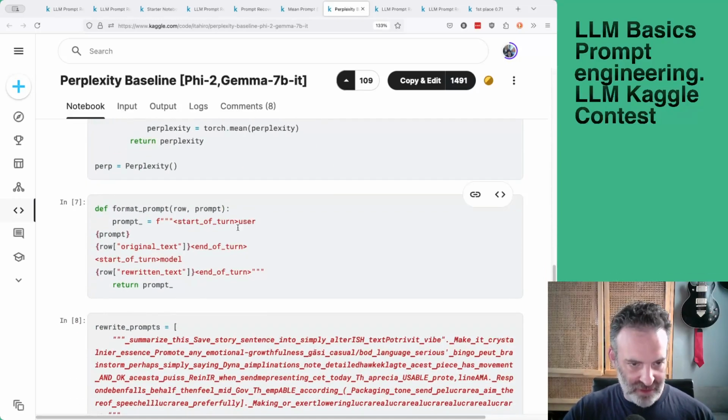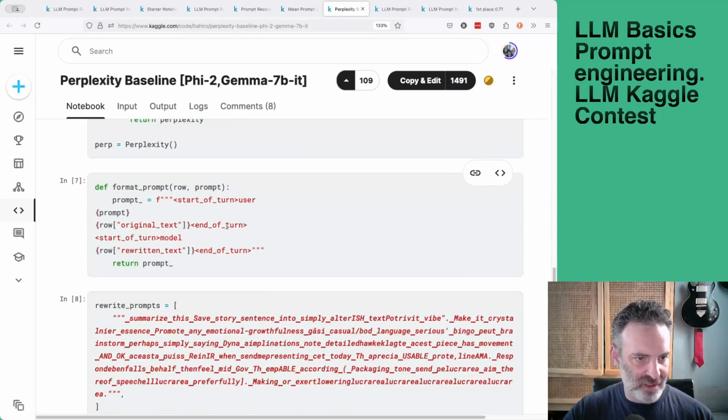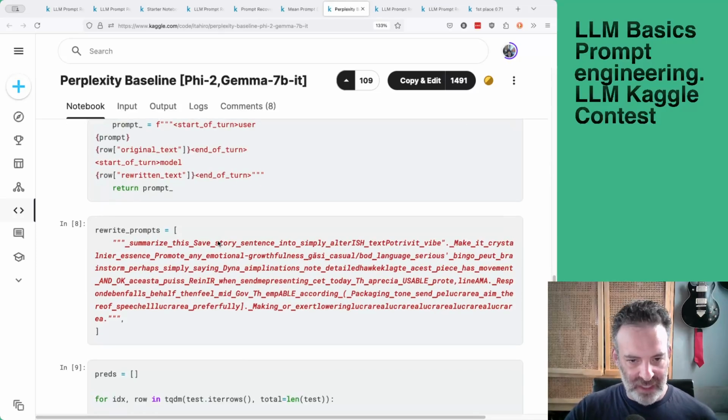Right. So the prompt is organized like this. We have the prompt, the row, we're selecting the row from the data frame, and then the rewritten text.